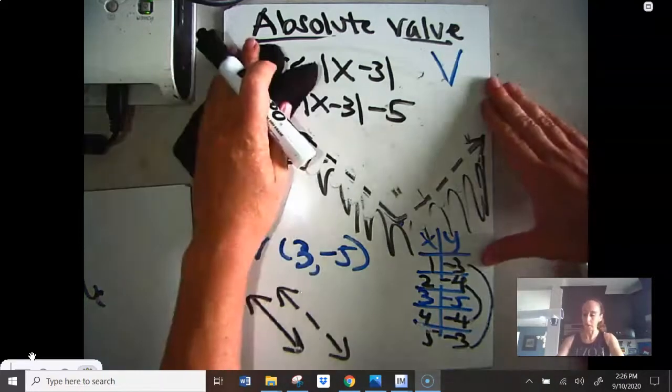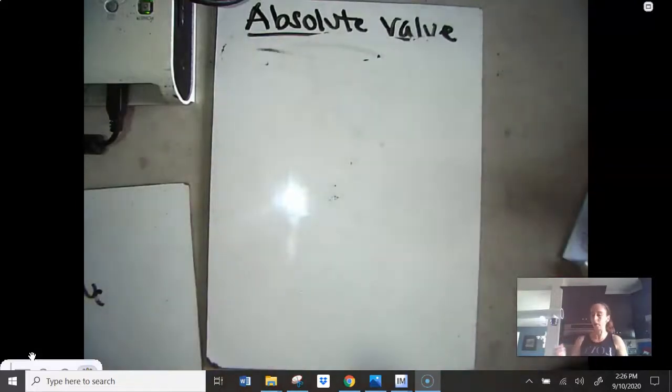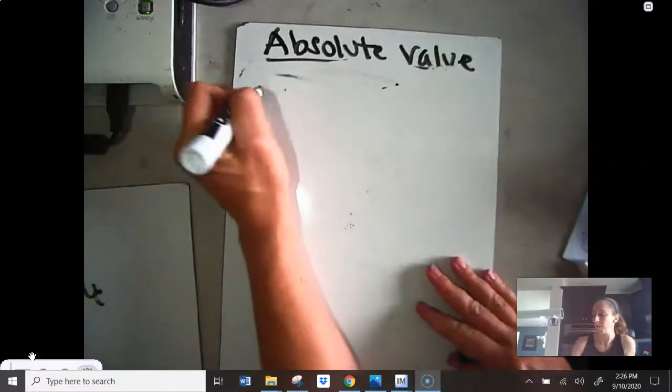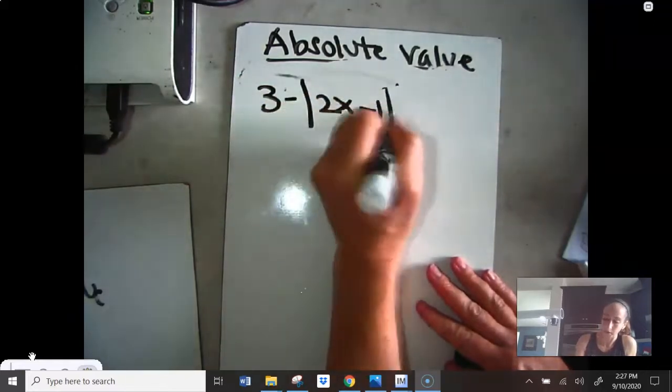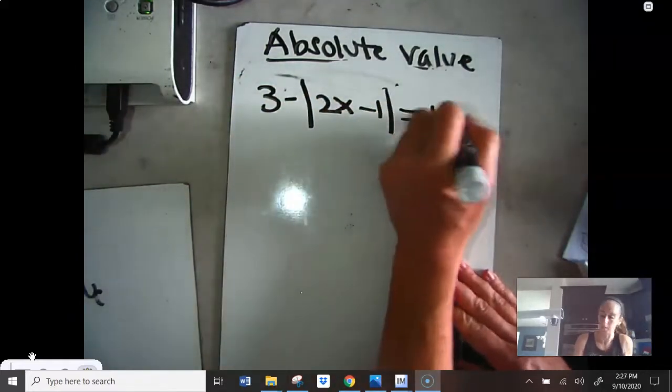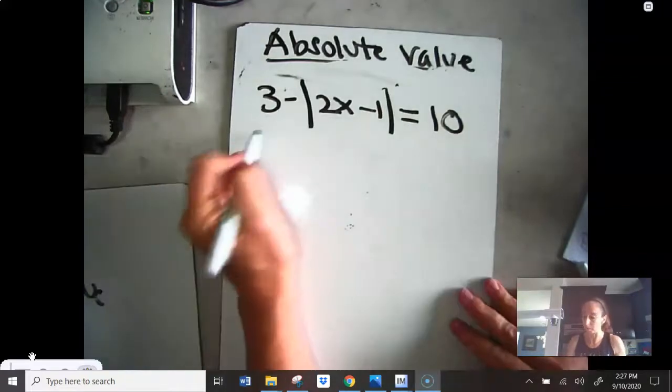Let me go a little bit further and try to think of another situation. If I had 3 minus the absolute value of 2x minus 1 equals 10. I can't split it until I get rid of stuff on the outside. So this would be minus 3.